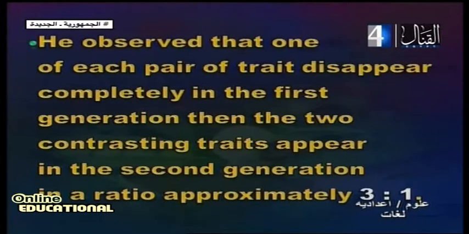He observed at the end of the experiment that one of each pair of traits disappears completely in the first generation. Then the two contrasting traits appear in the second generation in the ratio of approximately 3:1.